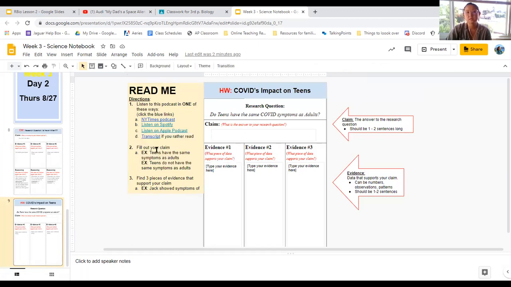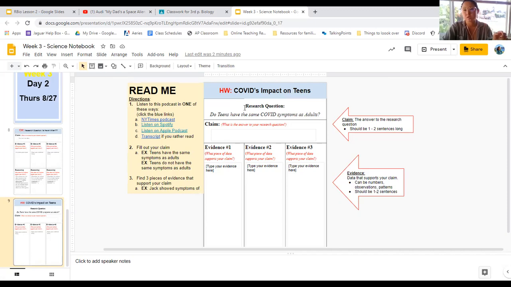It takes about 30 minutes to listen to. Basically it's the story of how this 9th grader in New York got COVID, what their symptoms were, how they were treated in the hospital, and whether or not they survived. As you're listening to it, I want you to be thinking about a claim and evidence for the article.